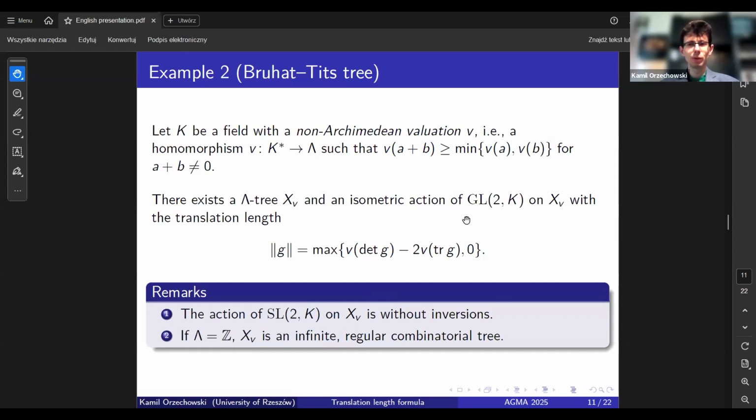There is a beautiful book of Jean-Pierre Serre, Trees, and the whole second chapter is devoted to the action of SL2 over a local field on its Briat's tree.